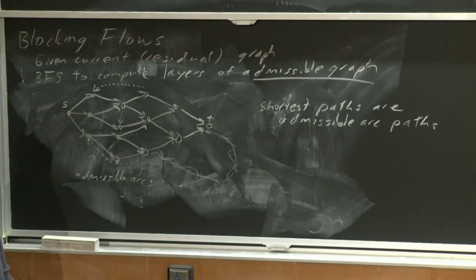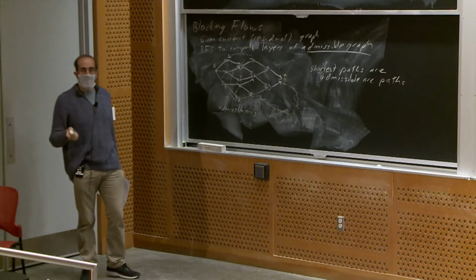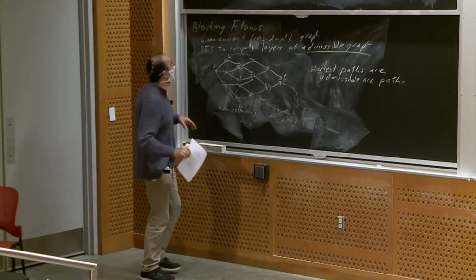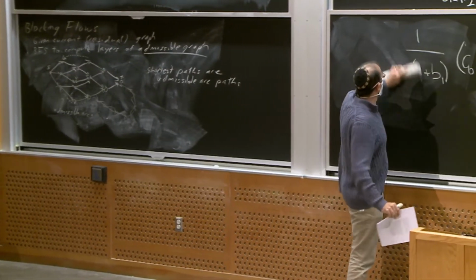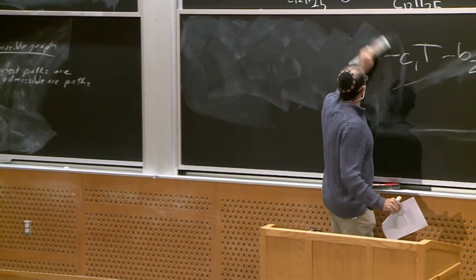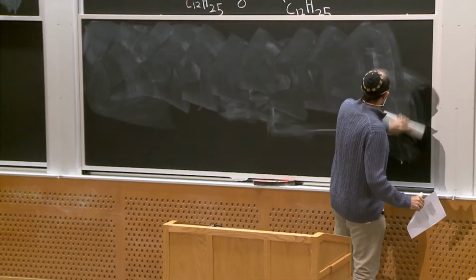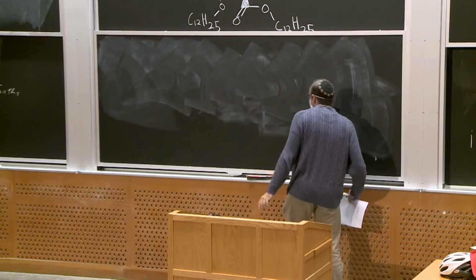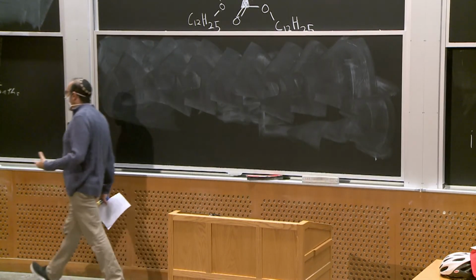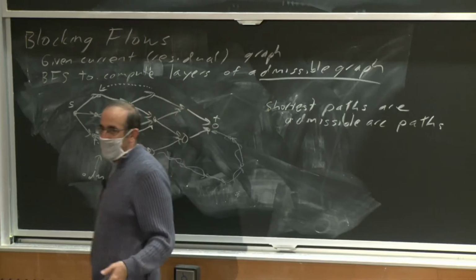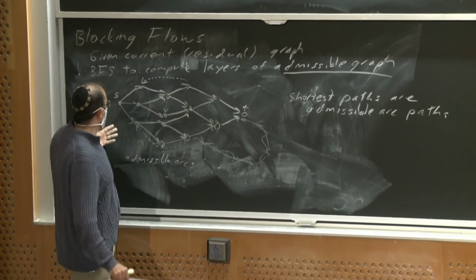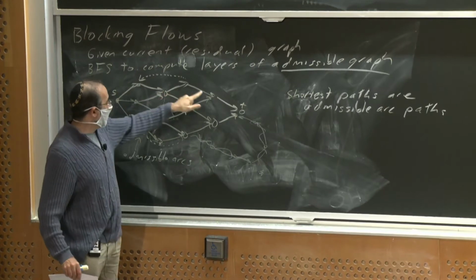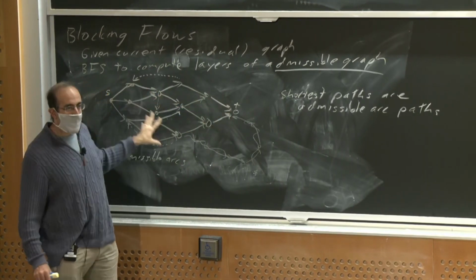Any path that is made up only of admissible arcs is the shortest path because each edge of that path traverses exactly one layer, right? So already this seems promising because our shortest augmenting path algorithm keeps on finding shortest augmenting paths over and over again. But if we have this admissible graph, like if we find a shortest augmenting path and saturate it, well, we still have the rest of the admissible graph.